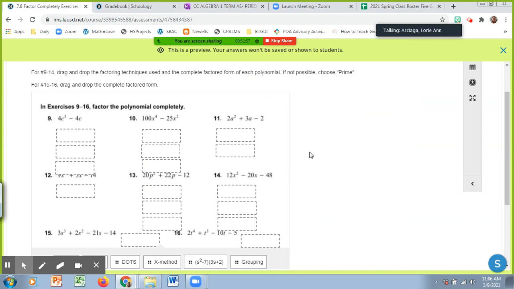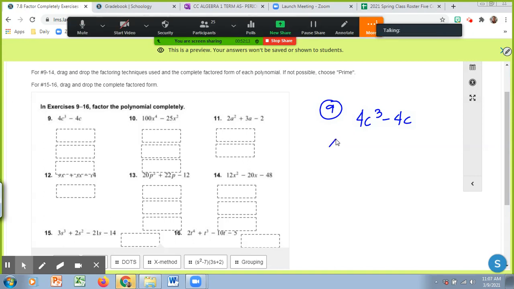So let's try number 9. So 4c cubed minus 4c. Okay, what's your GCF? Tell me in the chat. 4 only? That's partially correct, honey. Next, what else? 4 what? C what? Just 4C? Yeah, because the lower power here is 1, right? That's great. Okay.